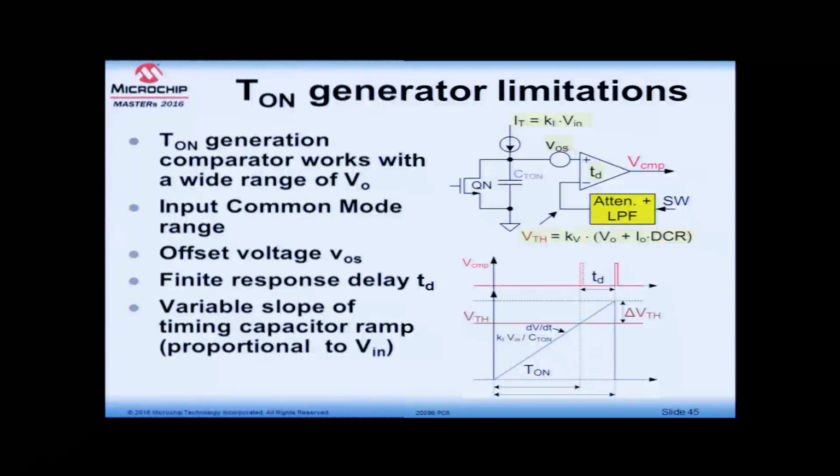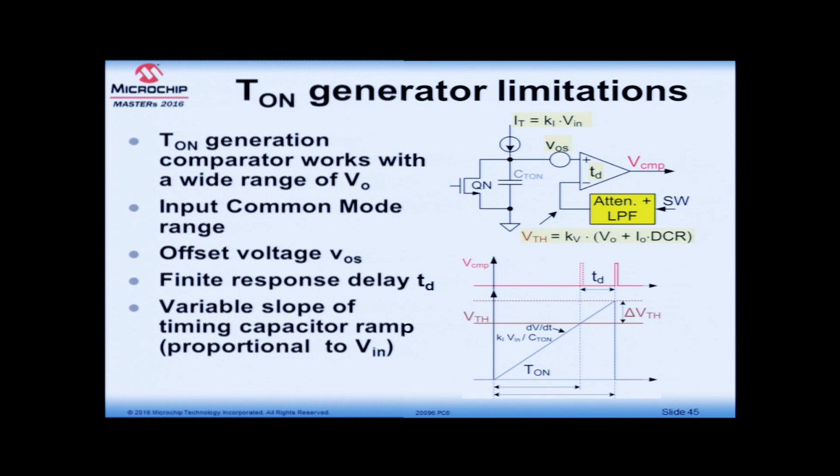Its offset voltage determines an uncertainty band around the threshold voltage. It also has a finite response delay, and in the presence of a finite response delay, the slope of the signal across the on-time generation comparator also plays an important role.